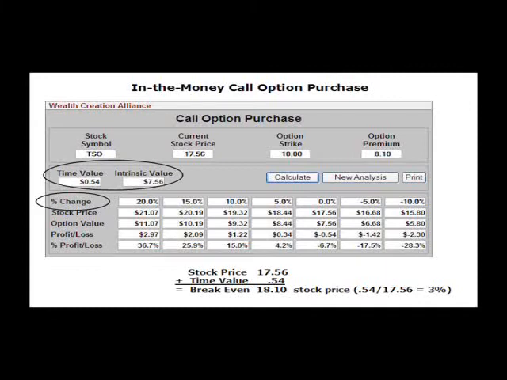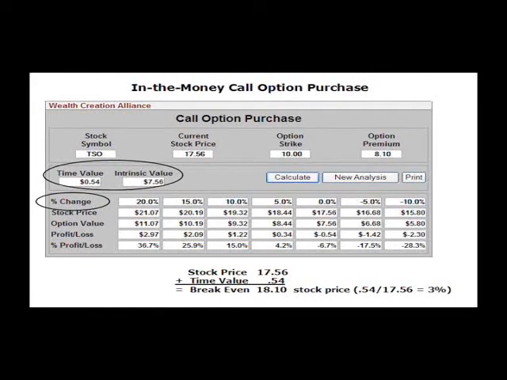The call option purchase analysis displays the profit potential for this call option purchase, assuming various price changes in Tesoro stock at option expiration. The first row of the table is labeled percent change and assumes various percent changes in Tesoro stock at option expiration, from a 20% increase to a 10% decrease in this example.